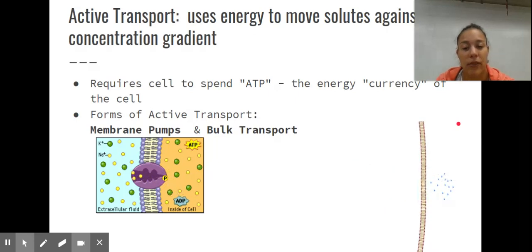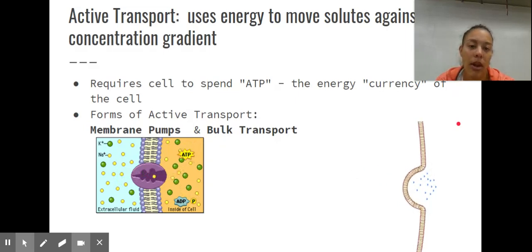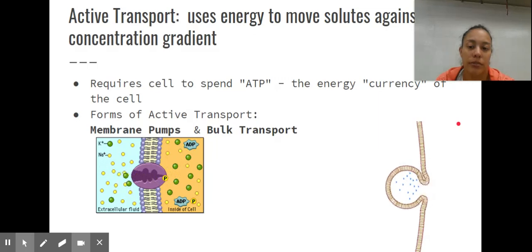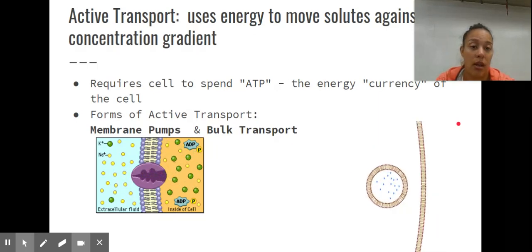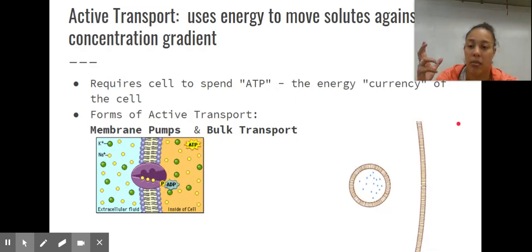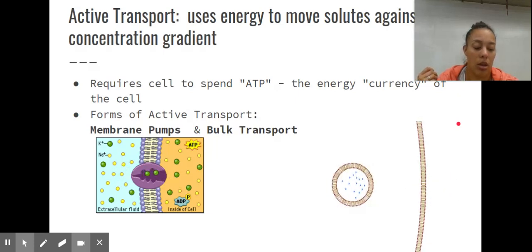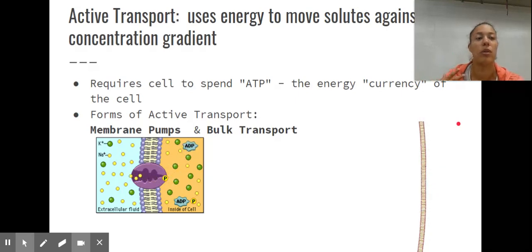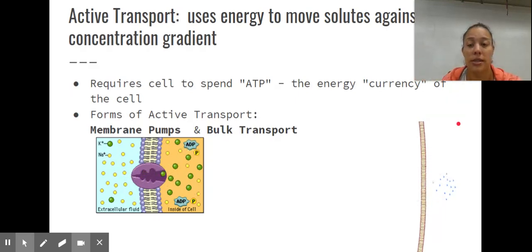But if you can't pump sodium out of the cell, right, that's going to accumulate for that individual, and that can be very dangerous for all sorts of reasons, like developmental reasons. So whether it's just growth or if it's related to the brain or physiological changes.